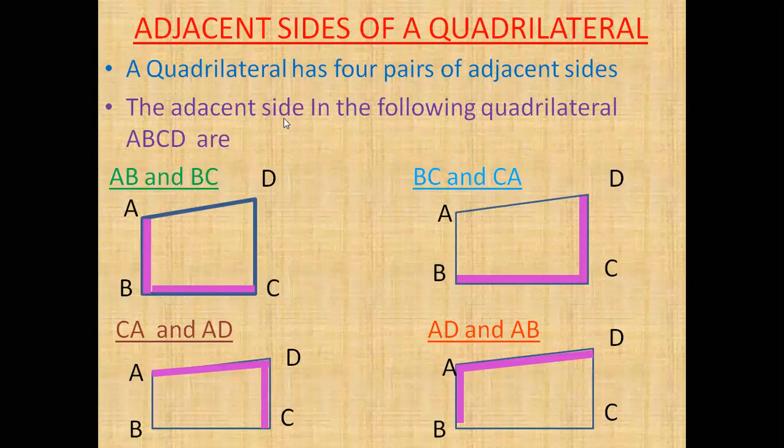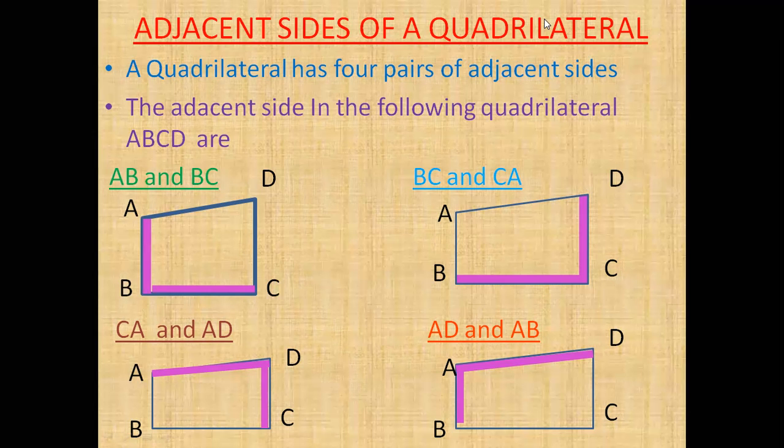For example, see this quadrilateral ABCD. In this quadrilateral ABCD, the side AB and the side BC have one point B in common. So these two sides AB and BC are adjacent to each other.